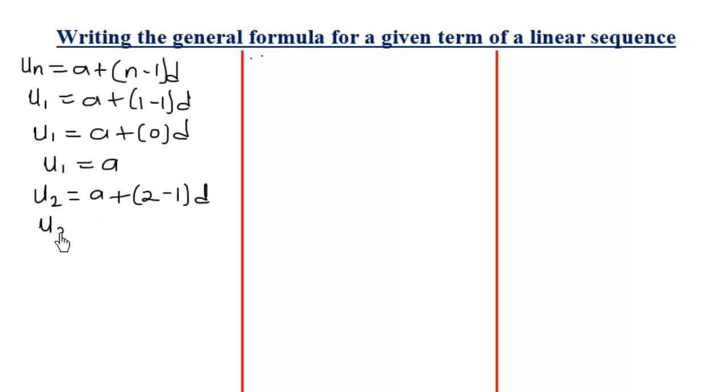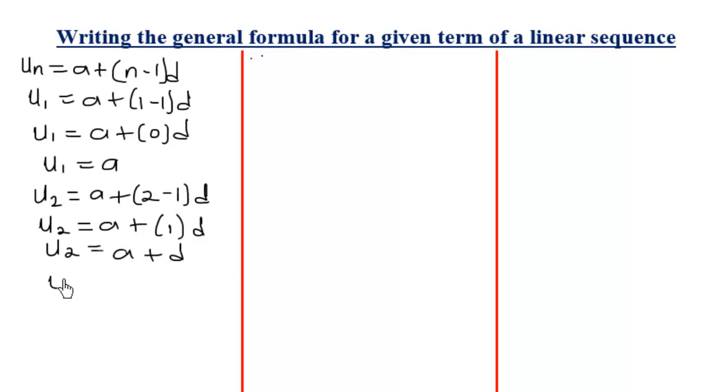So the second term, u2, is equal to a plus, now 2 minus 1 is 1 times d. u2 equals a plus, now 1 times d gives us d. So the second term is a plus d. So the general formula for the second term is a plus d.